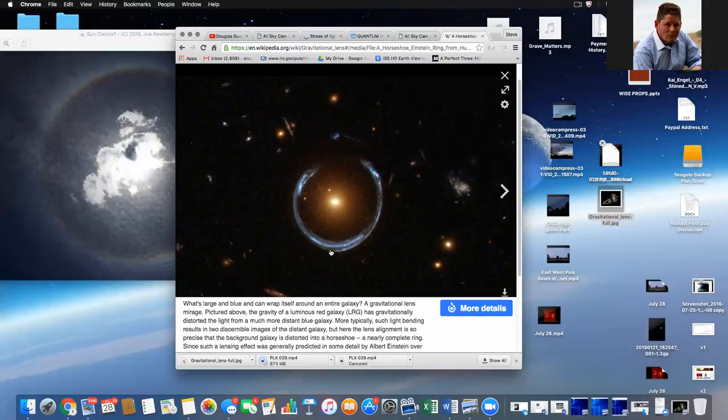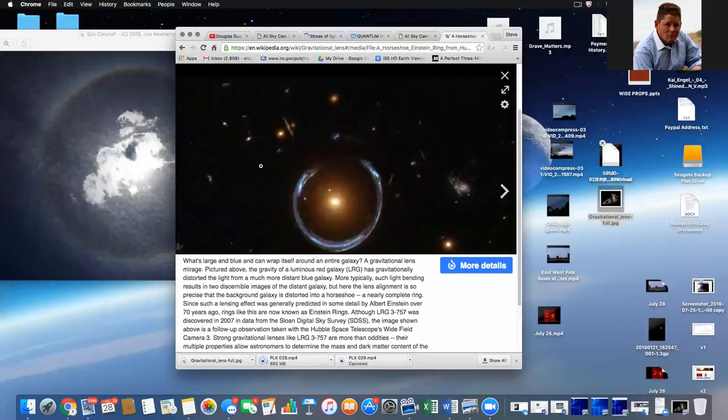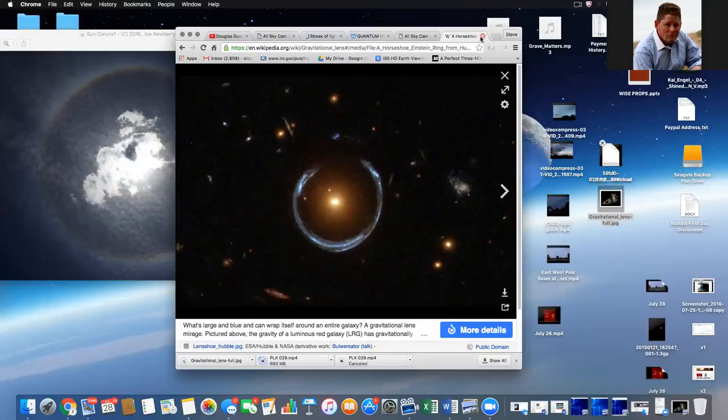So that's why you're seeing this blue ring around the closer galaxy that's causing the gravitational lens, because of its mass and Einstein's theory of relativity. So two things happen in the images of distant galaxies. But here the lens alignment is so precise that the background galaxy is distorted into a horseshoe or nearly a complete ring. And you can go to that Wikipedia article yourself and check it out, and just put in gravity well.